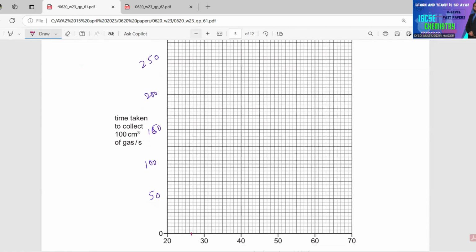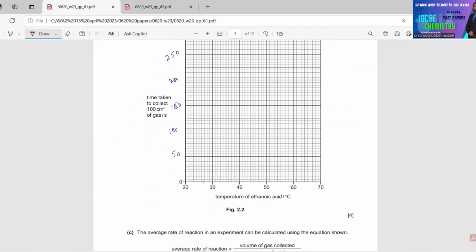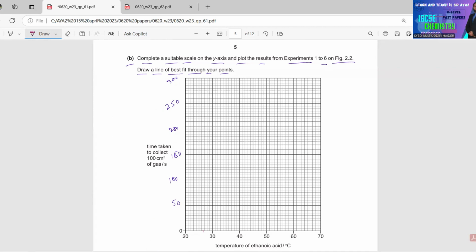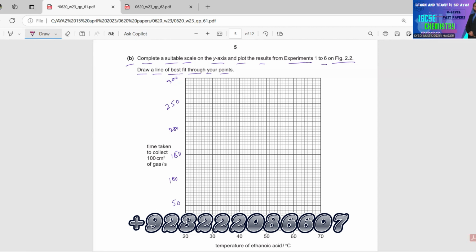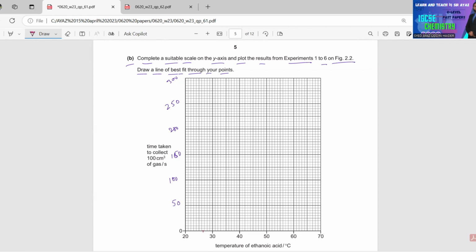282. So it must be here. 60, 70, 80, 90. Between, one spot must be here.